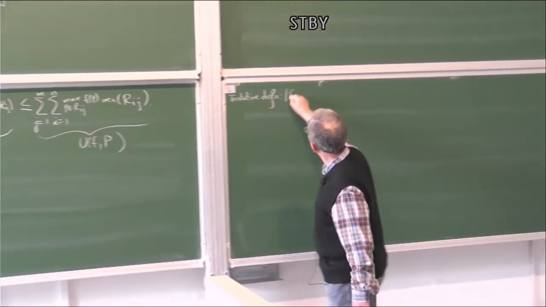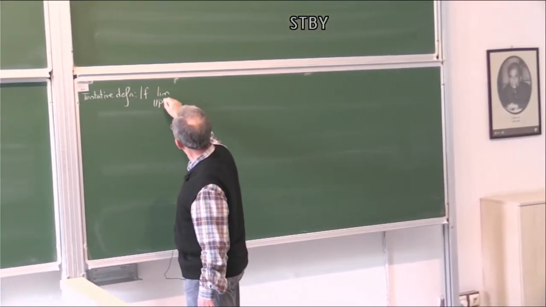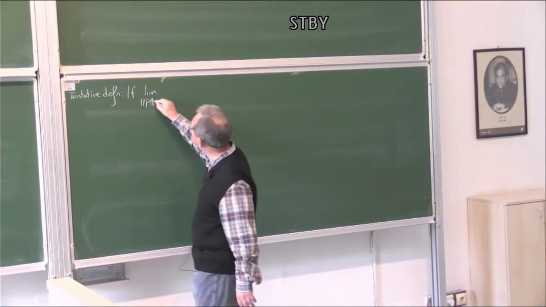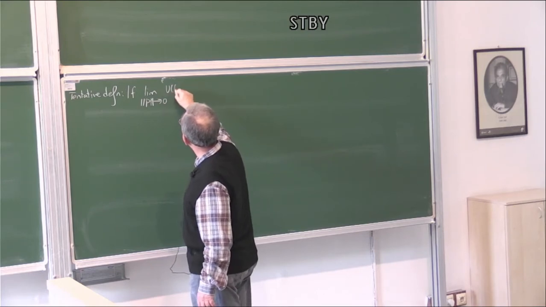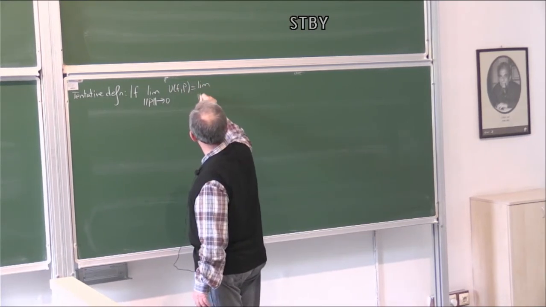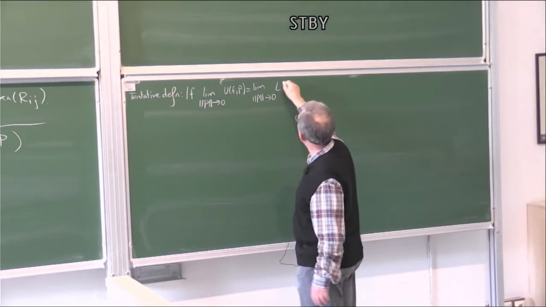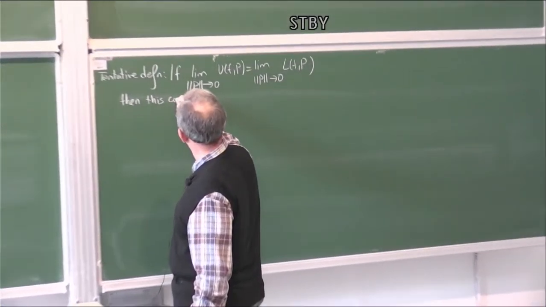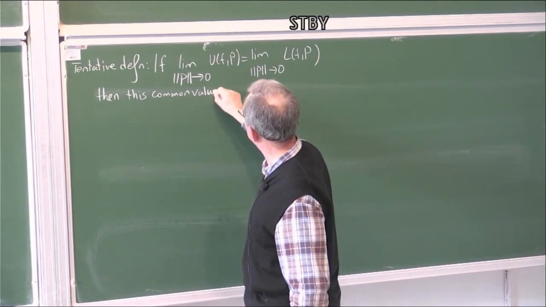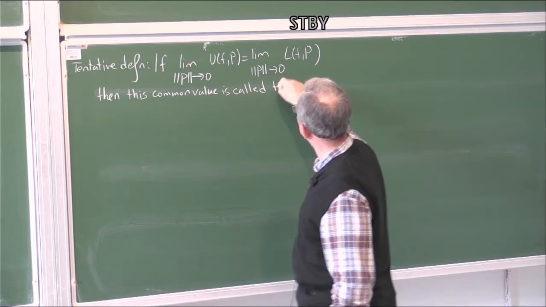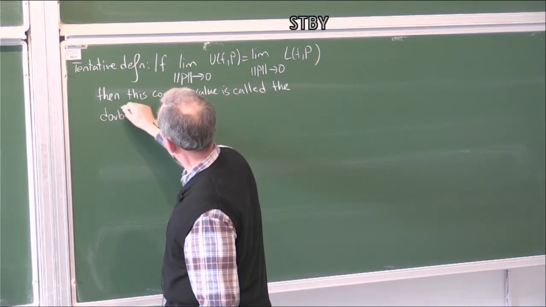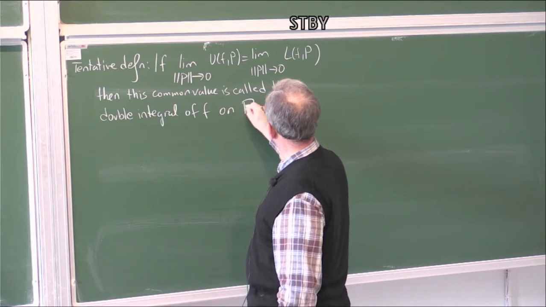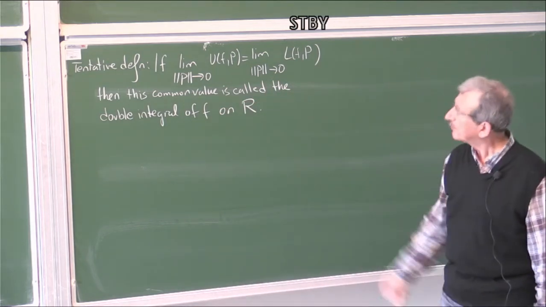If the limit as the partition length, that is, the maximum length of the diagonals, goes to 0, and UFP and LFP are equal, then this common value is called the double integral of f on R.